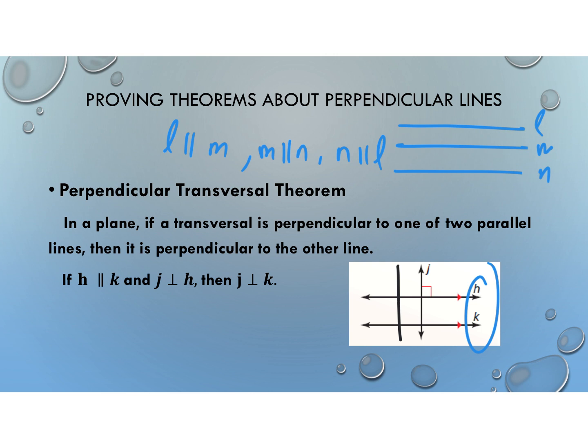In this case, it told you that H and K were parallel, and J and H were perpendicular. So you were able to get that J and K, the bottom one right here, was also perpendicular, because they gave you the order of things. If you guys remember, this is kind of like your transitive property. It moves through one to the other, if you want to associate it that way.